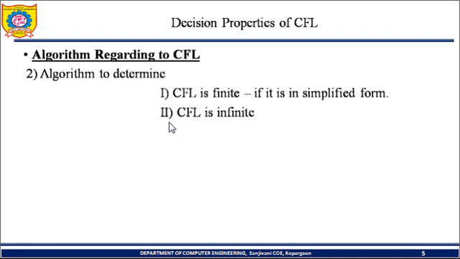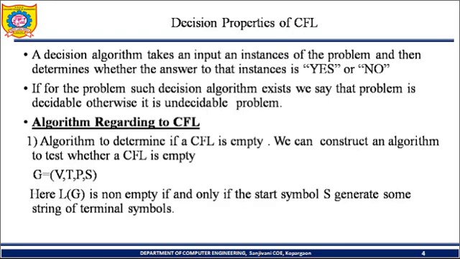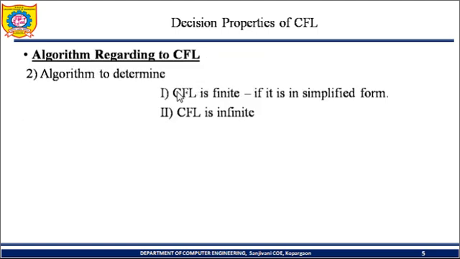Otherwise the CFL is infinite, meaning if the given grammar is not in simplified form, it may contain useless symbols, unit productions, or null productions. Such a CFL is an infinite one. So these are the two decision properties of CFL: one is the algorithm to determine whether a CFL is empty, and the other is the algorithm to determine whether a CFL is finite or infinite.